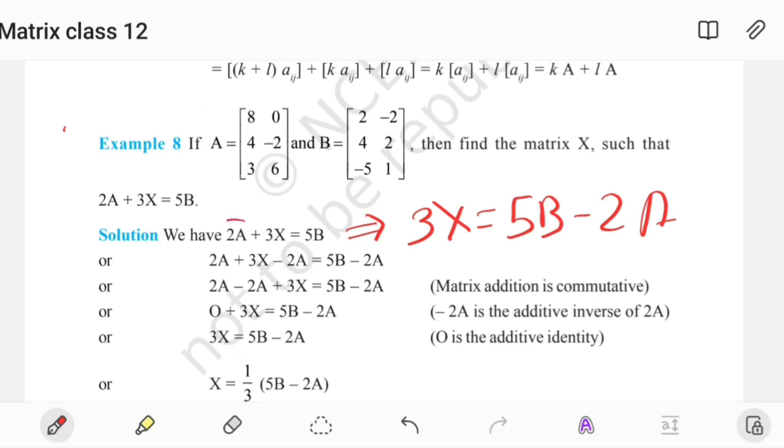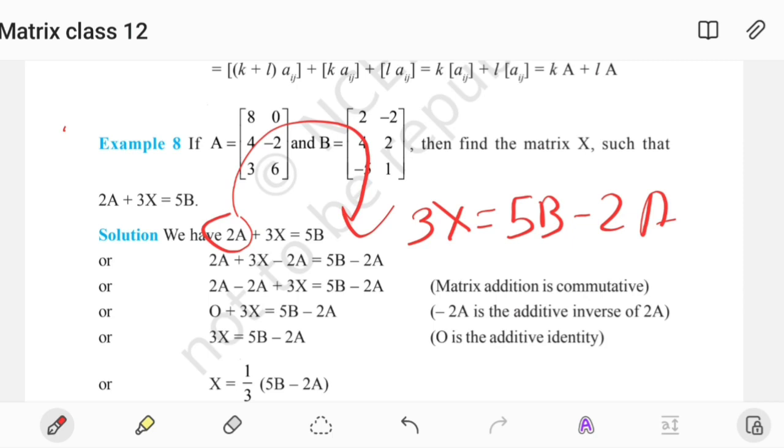You will basically shift this 2a to the right hand side. This is the thing that most of the people will do, but this is a very incorrect way if I speak very technically, because such a way of shifting the position is not present in the case of matrices.